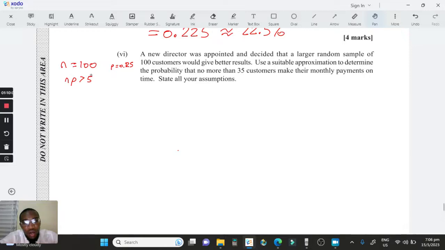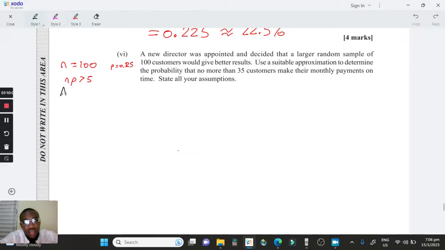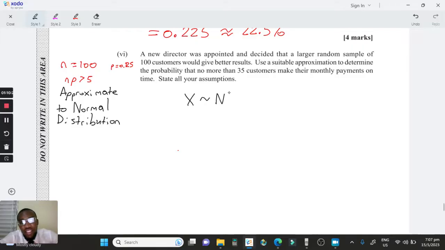So now we're going to approximate to a normal distribution. It's so much to remember. So in this case now, x is going to follow a normal distribution with mean, and the mean is our expected value of x.